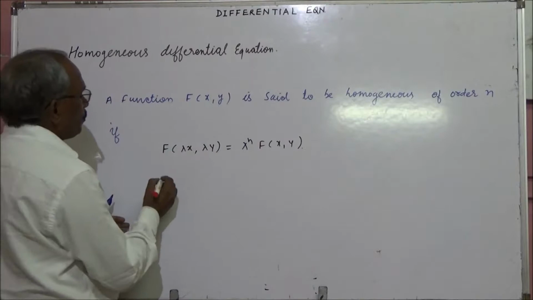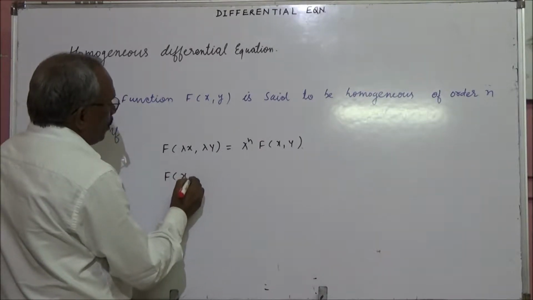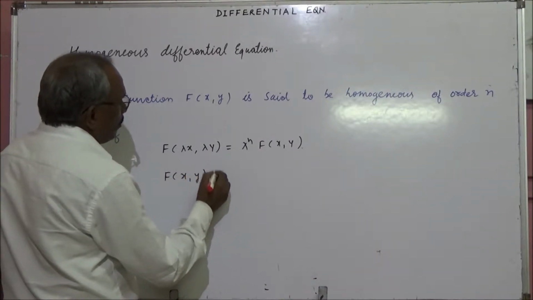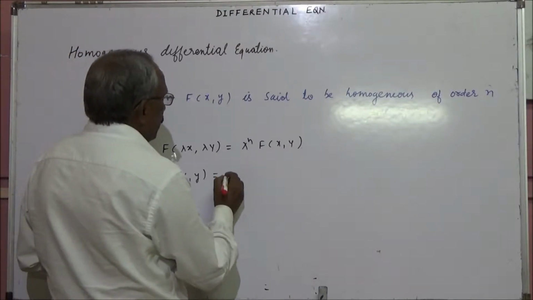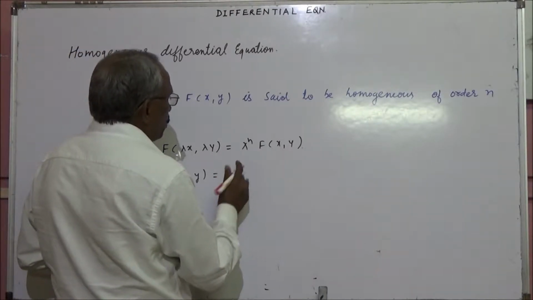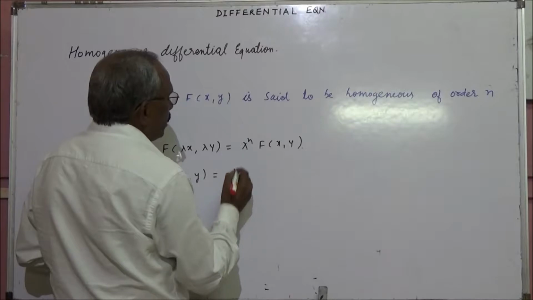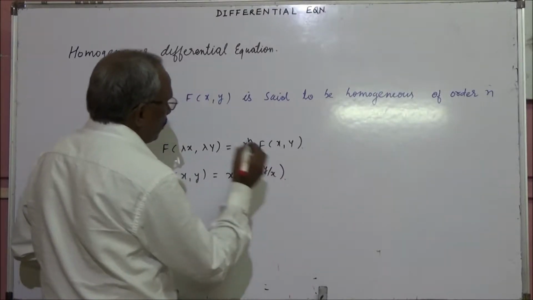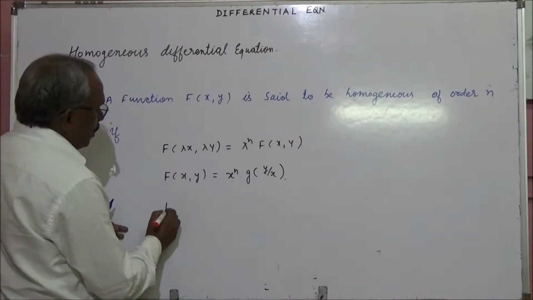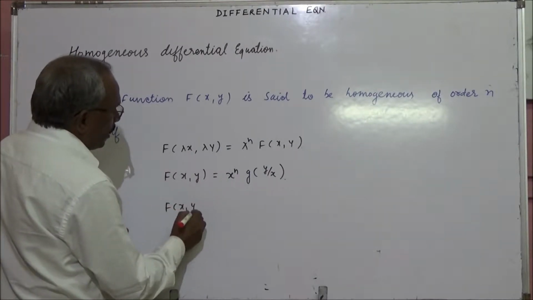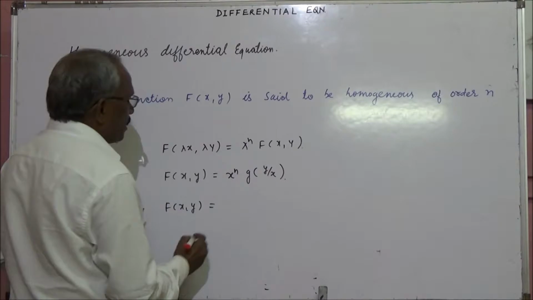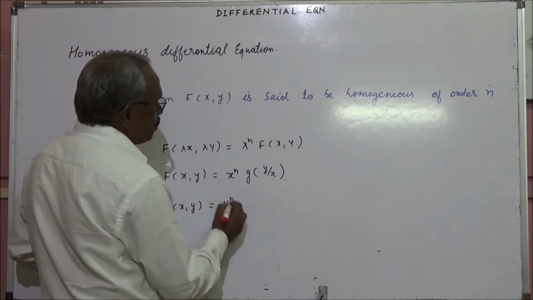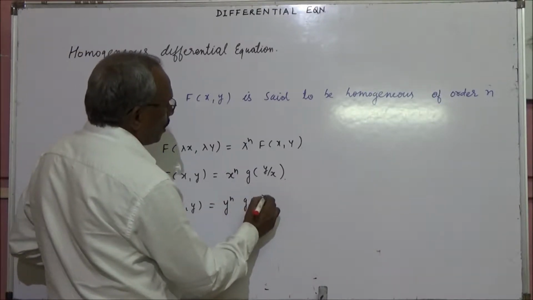or f(x, y) can be written as x raised to n times g(y/x), or f(x, y) can be written as y raised to n times g(x/y).